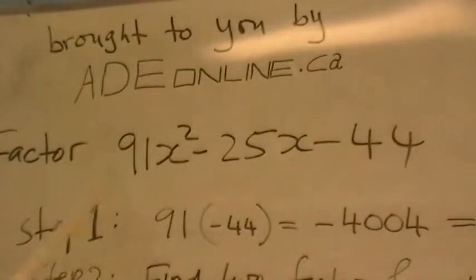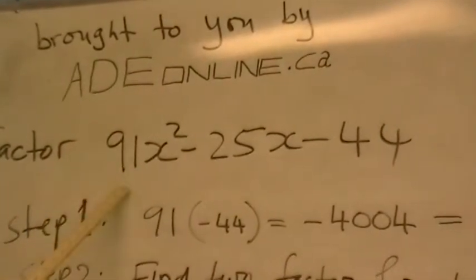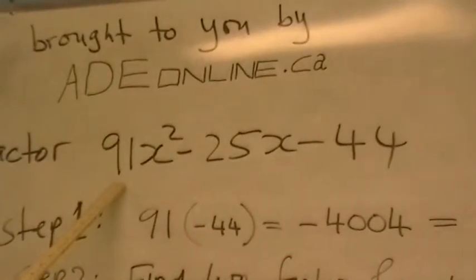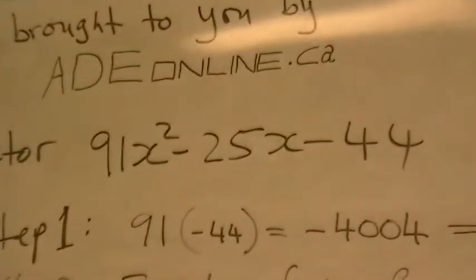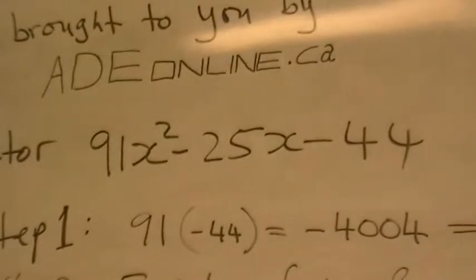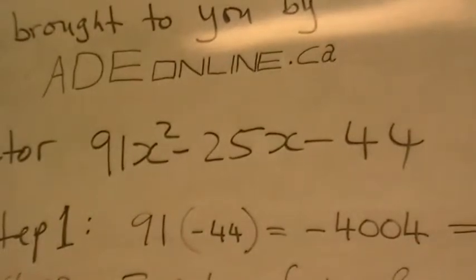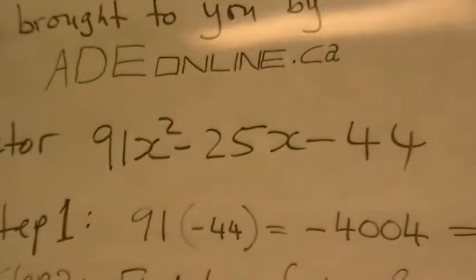If students are faced with a more complicated factoring problem, like the one in front of us, the relation 91x squared minus 25x minus 44, the problem by its own nature is the difference and product type of factoring problem.